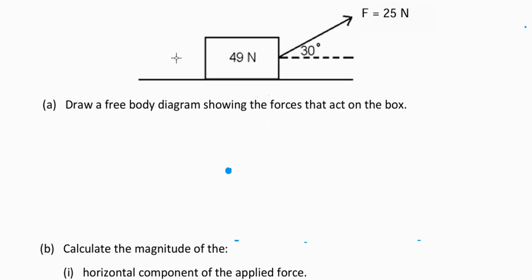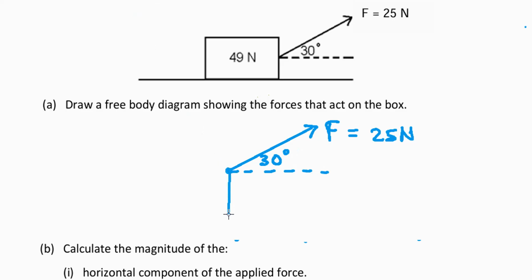So we have the applied force F of 25 newtons. And this, of course, is at an angle of 30 degrees to the horizontal. Then we also have the weight of the box down, or the gravitational force acting on the box. We can use W for weight. And we know that the weight is 49 newtons.